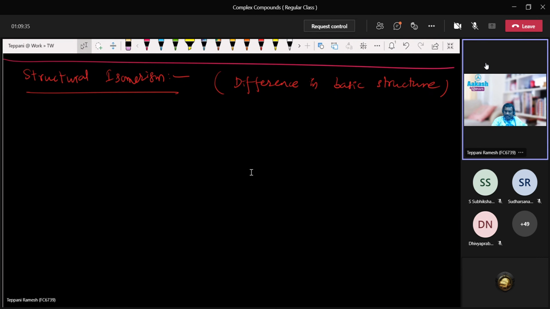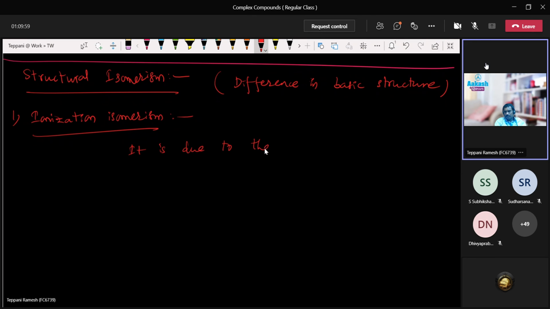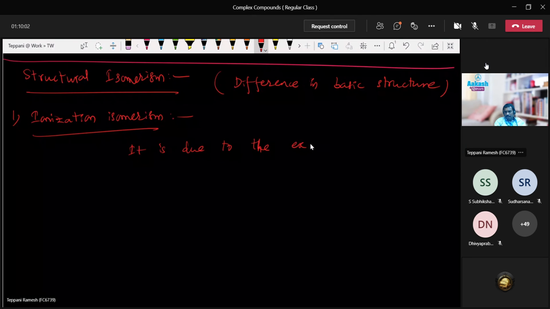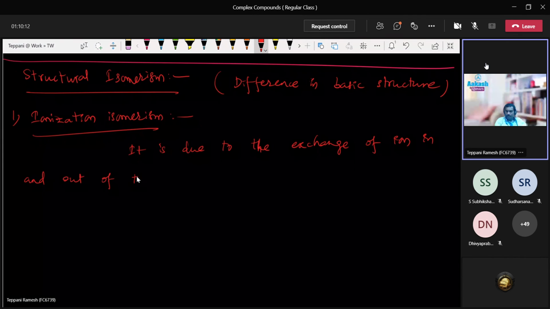Structural isomerism. There is a difference in basic structure. The main structural differences are there. In that, first one, ionization isomerism. It is due to the exchange of ions in and out of the coordination sphere.